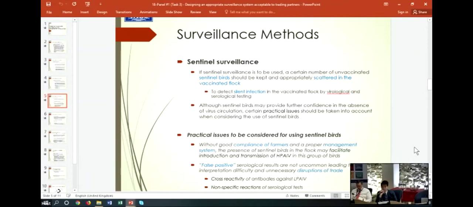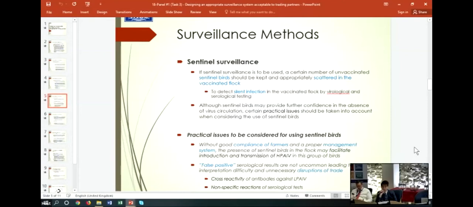In fact, we only had one farm outbreak of HPAI in Hong Kong over the past 20 years since vaccination has been implemented, which was detected via increased mortality in both vaccinated birds and sentinel birds. That farm had modified its management practice to house the sentinel birds together.